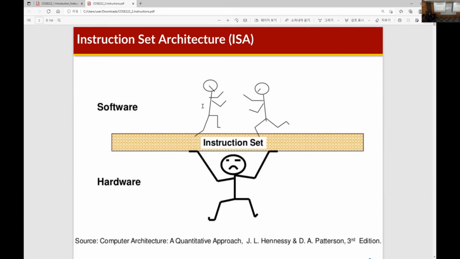This instruction is defined, and then the computer hardware is designed to execute these instructions defined by the instruction set architecture. Then how does the instruction set architecture define the result for the computer hardware?